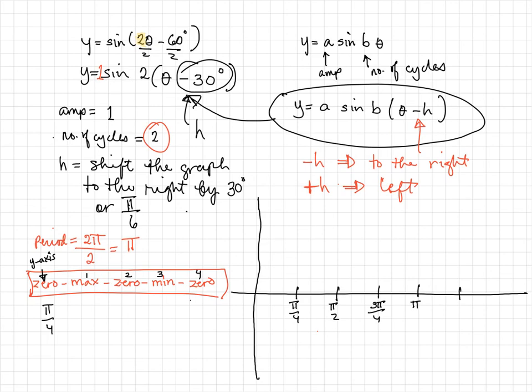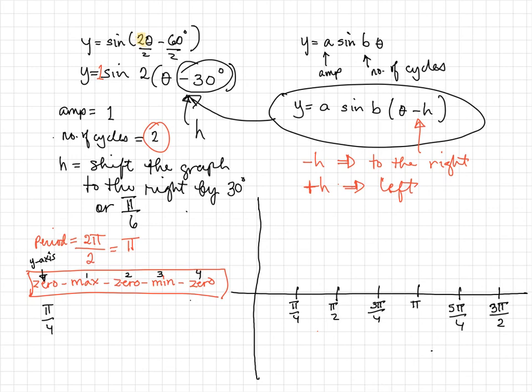And if I want to continue, then this will be 5 pi over 4, and this will be 6 pi over 4, that will be 3 pi over 2, and so on and so forth.